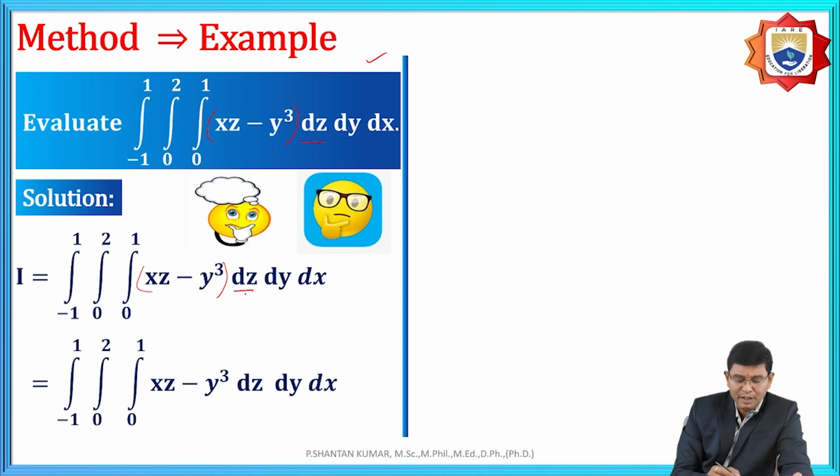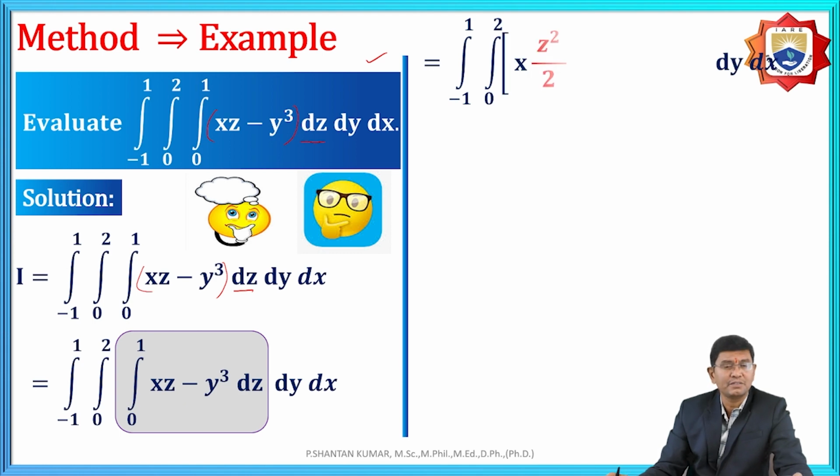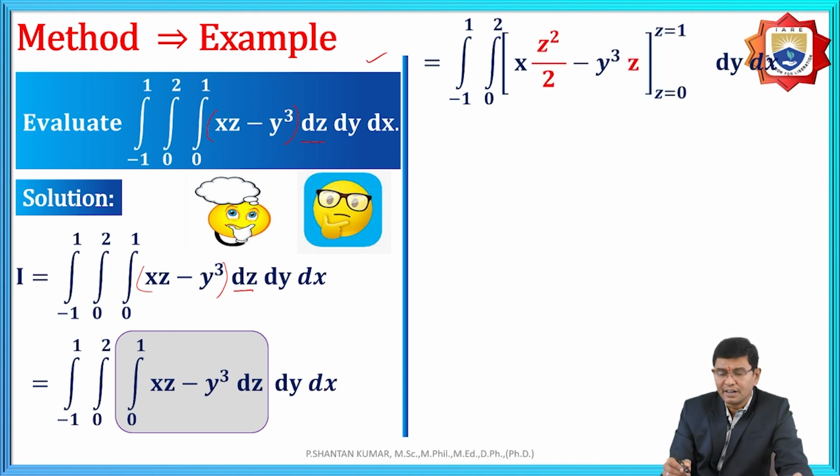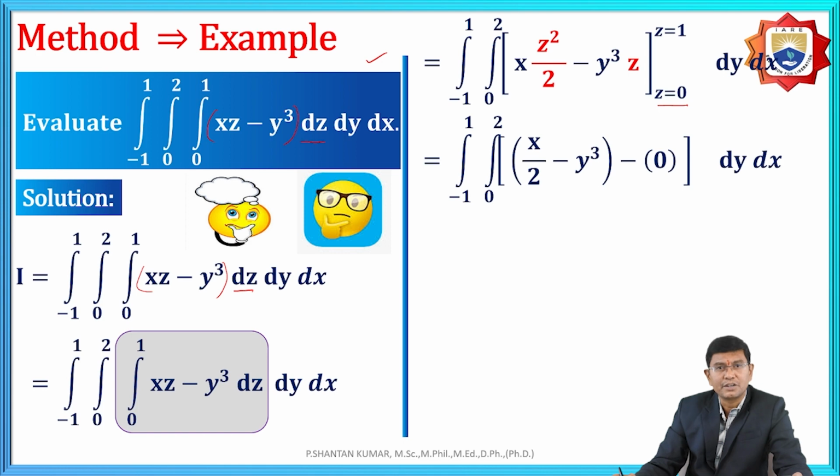That is the meaning here: x into z square by 2 minus y cube into z. And here we replace z with the given limits, 0 to 1. By replacement of upper and lower limits, the term is x by 2 minus y cube for the upper limit, minus the lower limit, which is clearly 0.